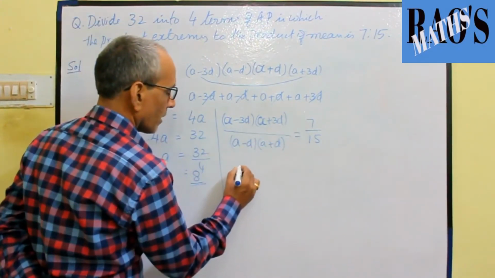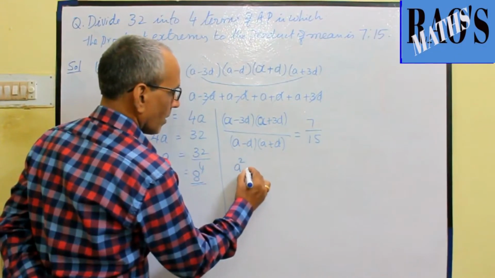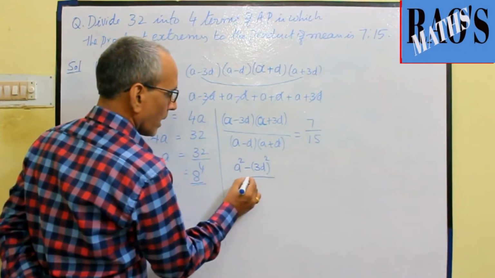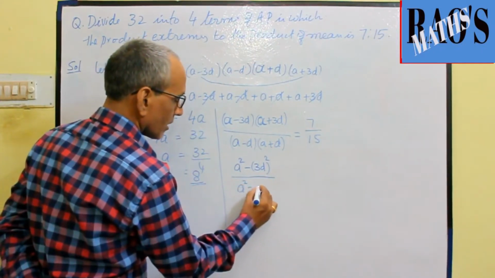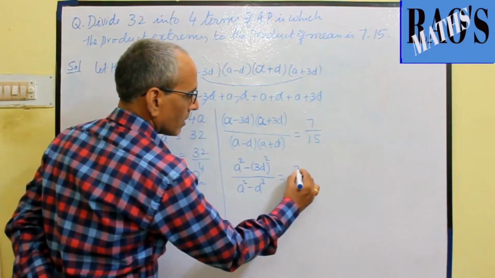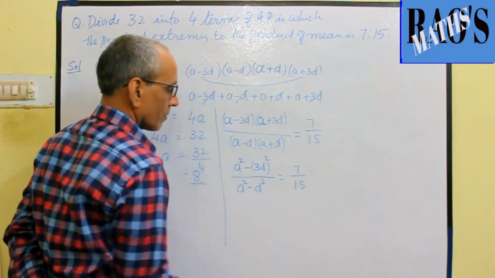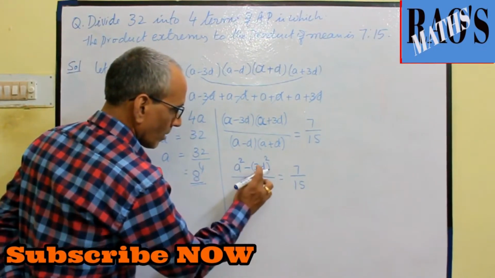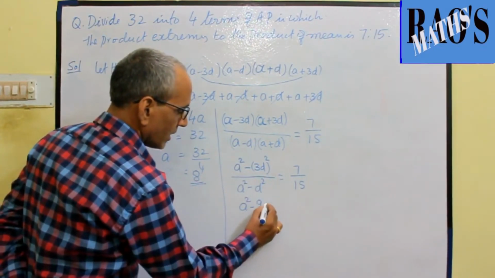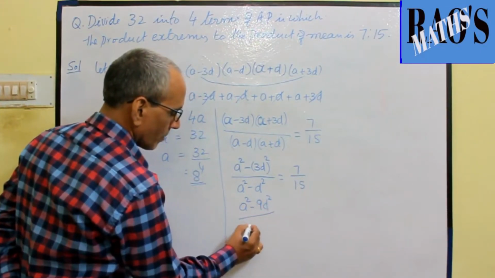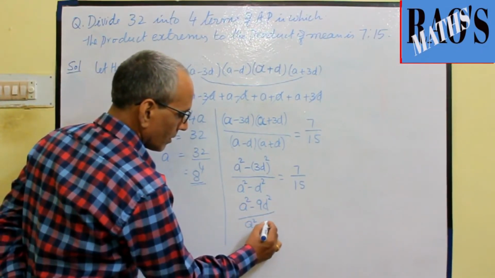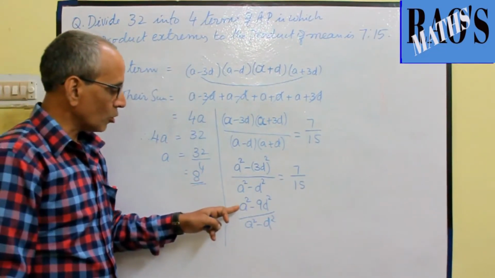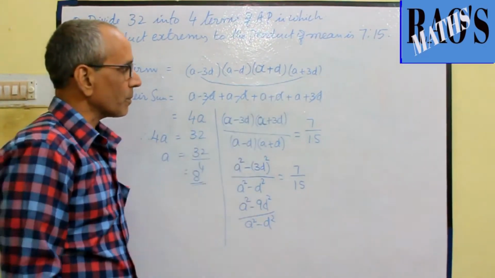So the numerator is A square minus 3D whole square, by A square minus D square, which is 7 by 15. Let me compute this completely. So A square minus 9D square by A square minus D square. We have the A value, that is 8 already. Let me substitute 8 in the place of A in my next step.